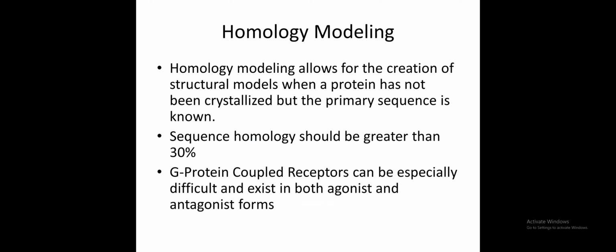The cannabinoid 2 receptors that we were talking about are G protein coupled receptors. They can be especially difficult. They exist in both agonist and antagonist forms, and G protein coupled receptors are very often targets for drug development. The additional complication is that those receptors are actually embedded in the cell membrane. There are ways of handling that, but that has important influences in terms of the way these molecules behave.